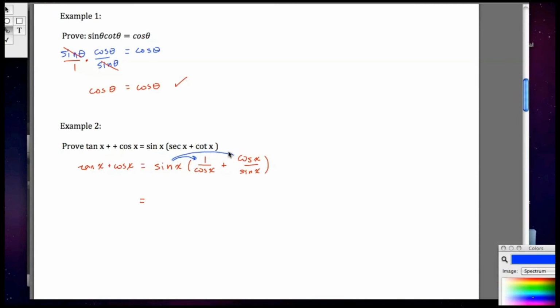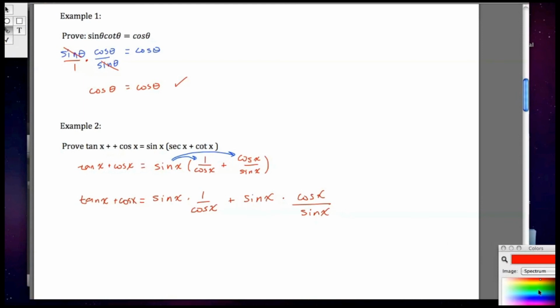I'm going to distribute. And what I end up with is sine x times 1 over cosine of x plus sine x times cosine x over sine x. I still have tangent x plus cosine x over here.